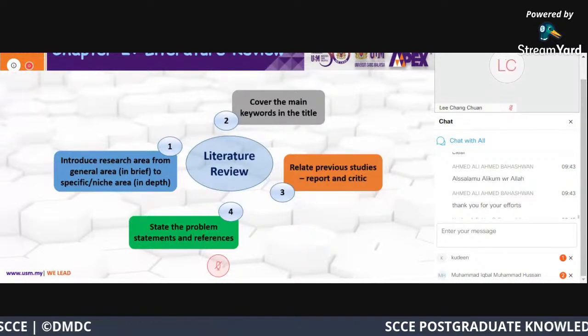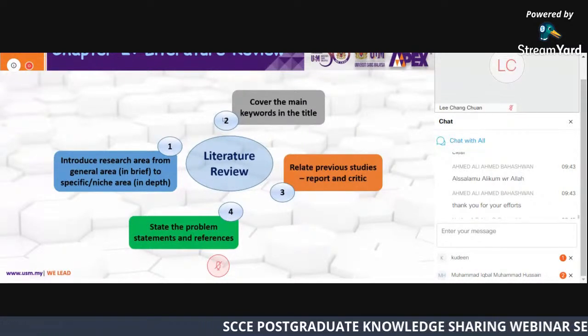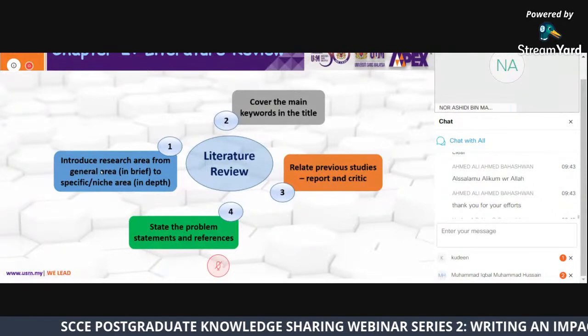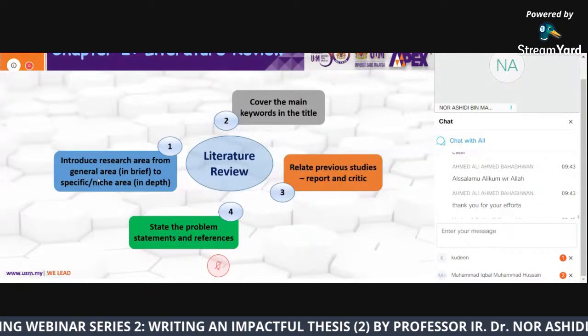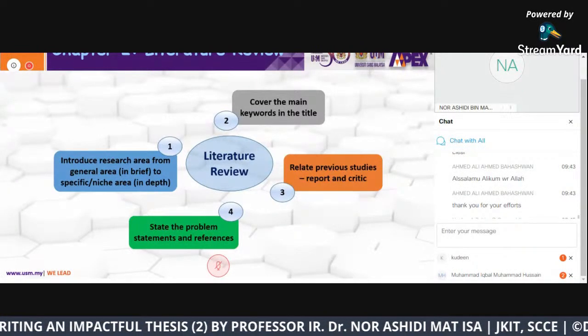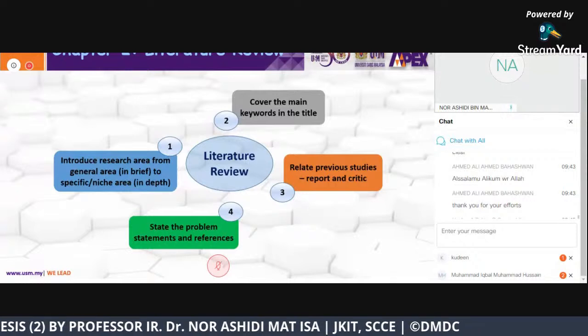It's very general. So first of all, you must introduce your research area in terms of the general area, in brief.